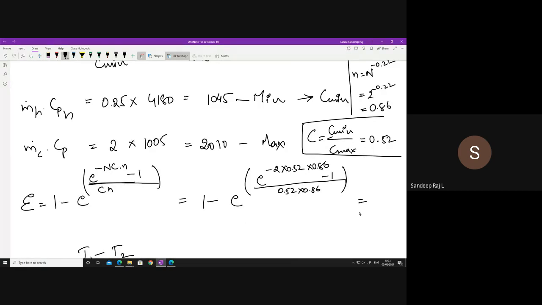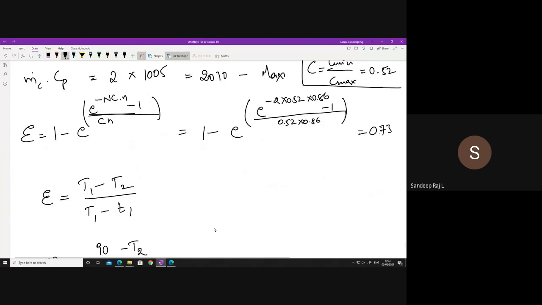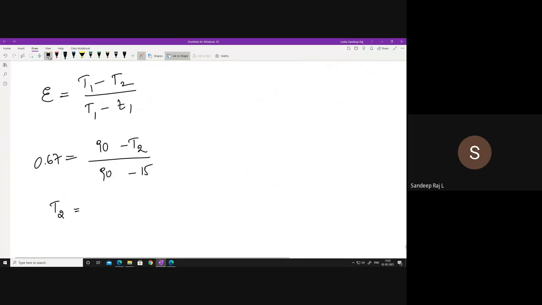చెప్పండి ఈ effectiveness అంతా. కొంచెం టైం పడుతుంది క్యాలిక్యులేట్ చేయడం, కన్సిడర్ చేసేయండి. 0.73. 0.73, right, correct. So this will be 0.73 here. 0.73 is equal to this thing, and you need to tell me the value of T2.